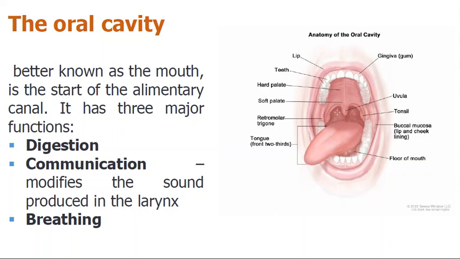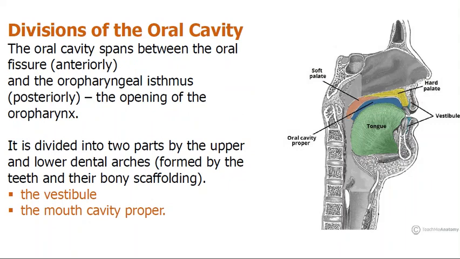So the oral cavity, or the mouth itself, can be divided into two main divisions, and the space itself, as we can see here in the picture, extends between two important points. The first one is called the oral fissure between the two lips, upper and lower lips, and posteriorly it extends to what is called the oropharyngeal isthmus, which can be seen here.